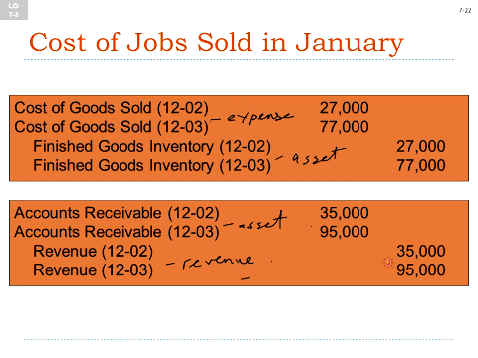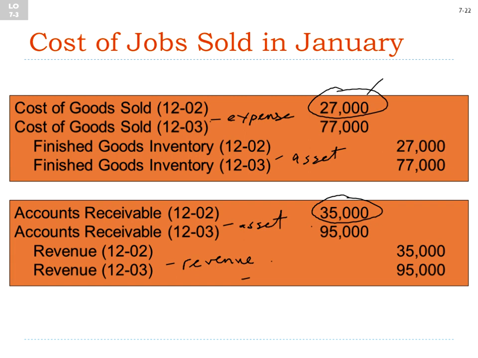One thing to realize here is that when you're debiting cost of goods sold, like for job 1202, it's $27,000, but when you're recording the sale, it's $35,000. And why is that?